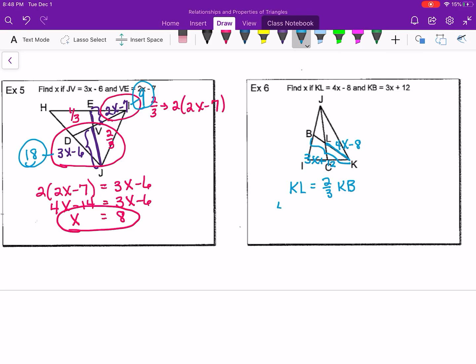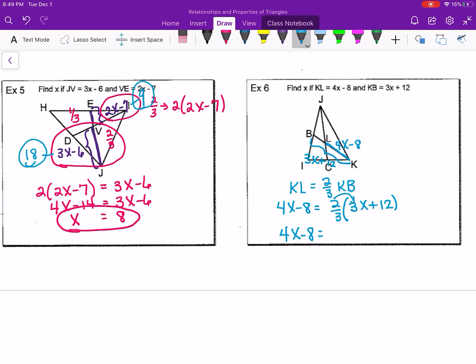KL is 4x minus 8, is 2/3 of the way, and KB was 3x plus 12. I think we can go ahead and distribute that 2/3 and we'll be just fine. So let's not get rid of it. Let's just leave it there and distribute it.